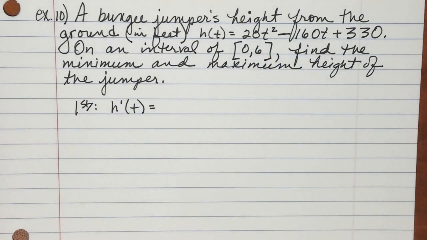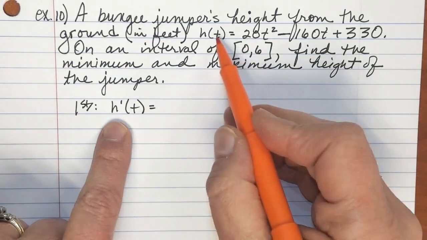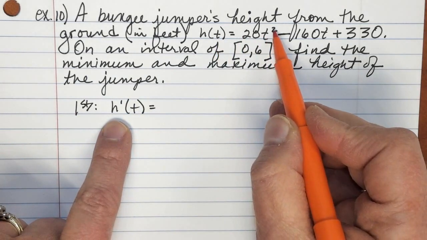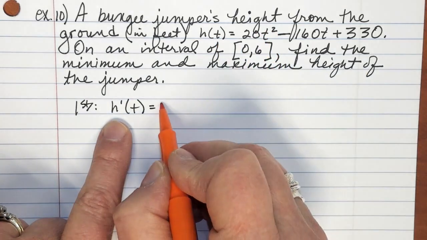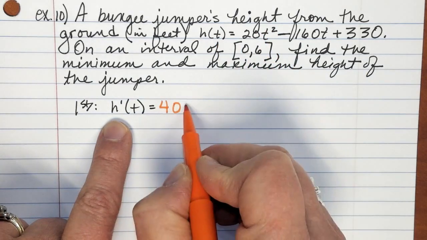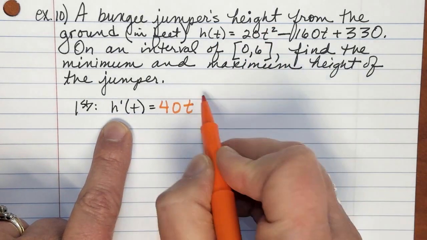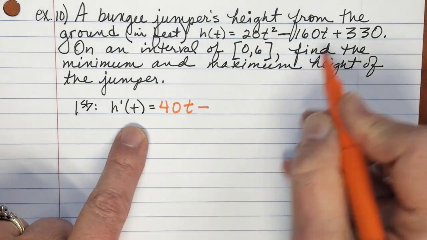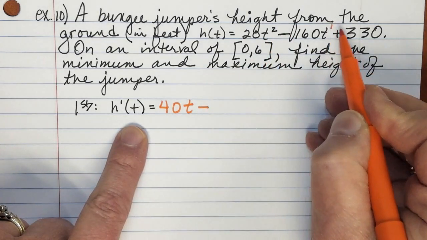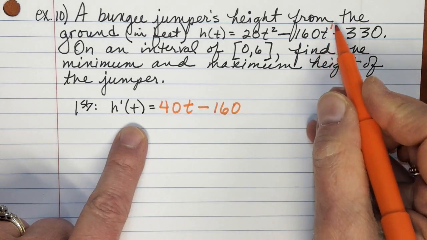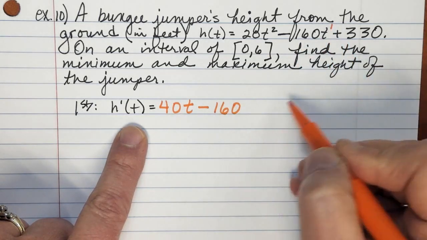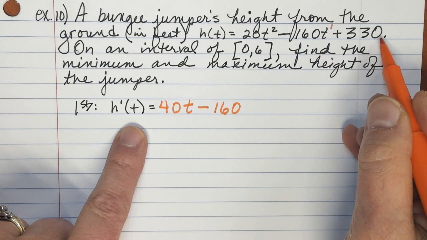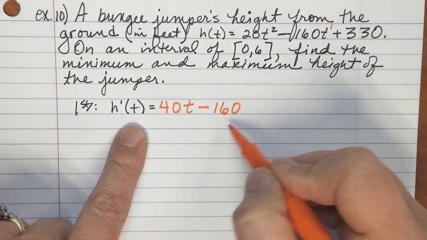When we take the derivative of this h equation, that would be 2 times the 20, so that gives us 40, t to the first power because I've reduced that by 1, minus 1 times negative 160, which is just negative 160, times t reduced by 1, so the t is gone, and the derivative of 330, an integer, is 0.